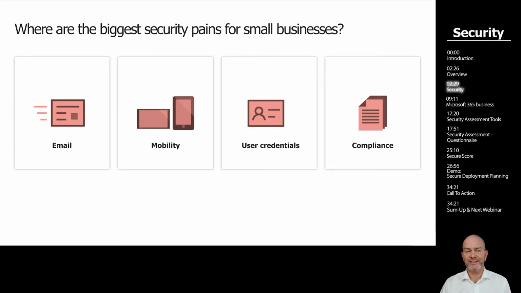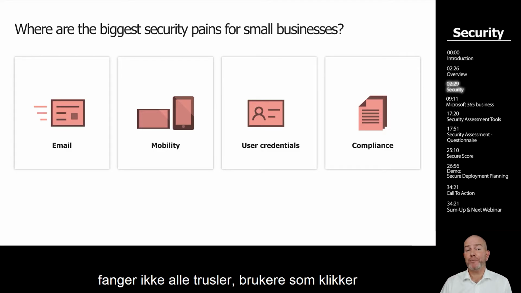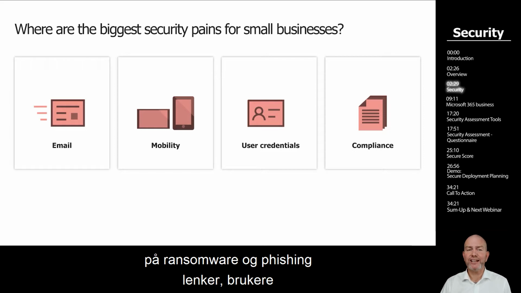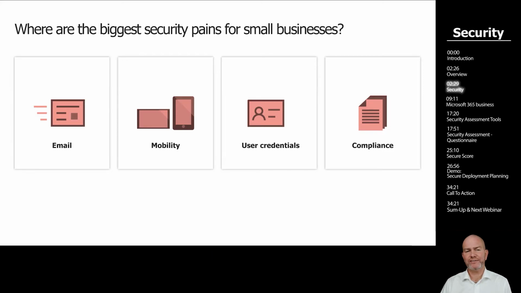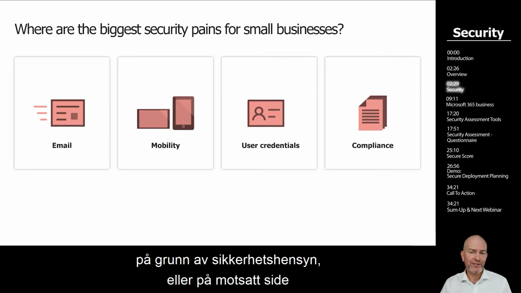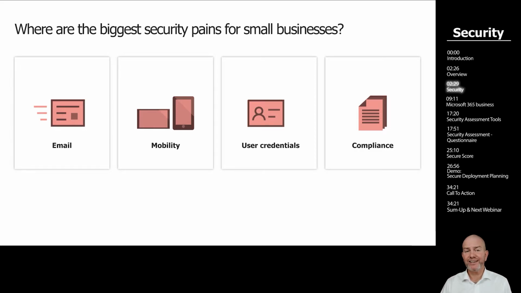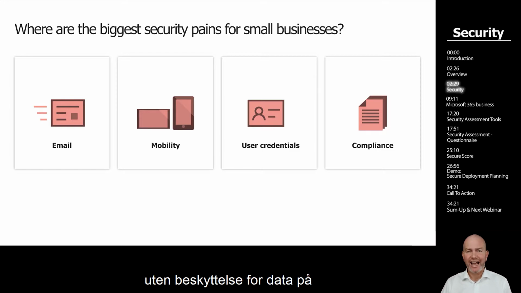These are the areas. Email: subpar antivirus and anti-spam doesn't catch attacks, users clicking on ransomware and phishing links, users accidentally sending confidential data. Mobility: here's one extreme, deny use outside the office because of security concerns, or on the opposite side, to the extreme, allow all out-of-office use but without providing any protection for data on devices.